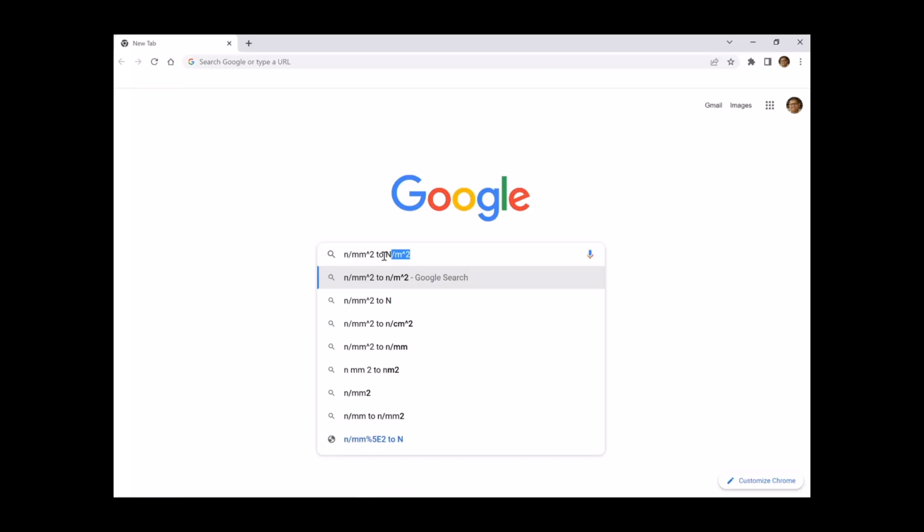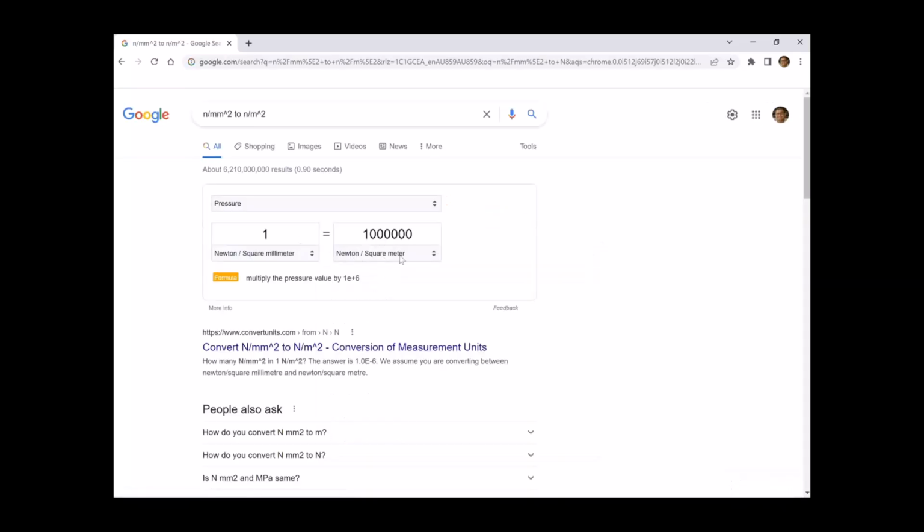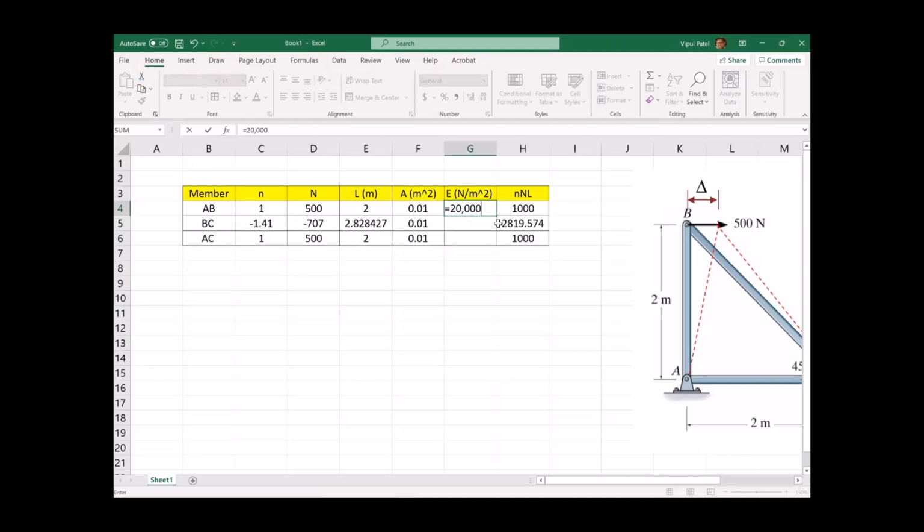To convert that to newton per meter square, you need to multiply by 1000, multiply by 1000 to convert into newton.